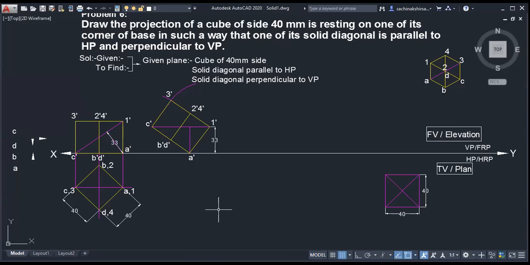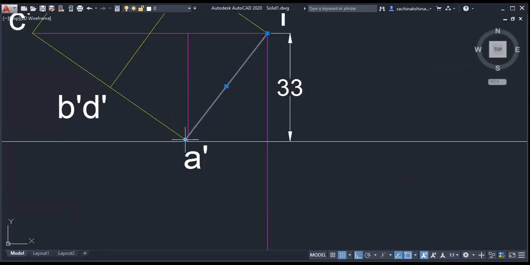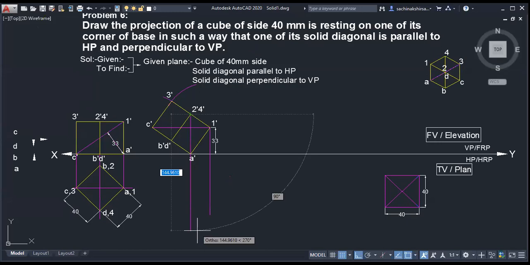So projection lines. How many projection lines will be there? How many are there? Just check. 6. Okay. So is the projection line of 2 dash, 4 dash and A dash coming one and the same?